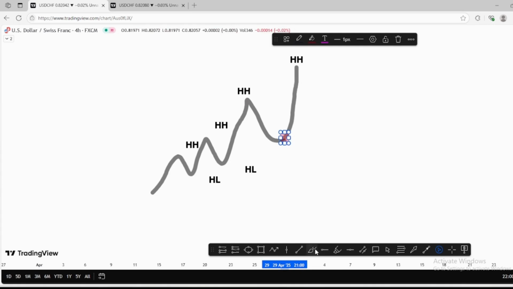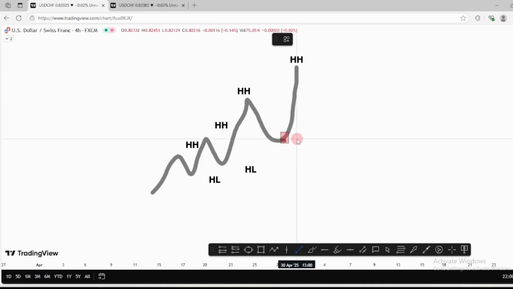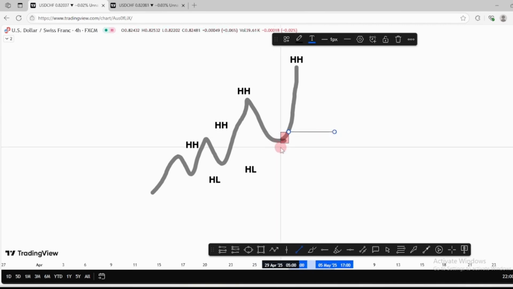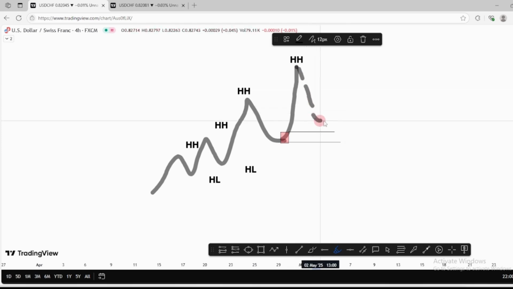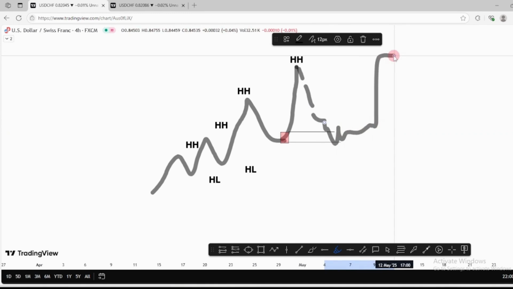Mostly what traders do is draw a line around this place, a zone, and we expect price to trade back into the zone and tap into it. Then you look for a trade entry to the upside. So this is what we call an order block.